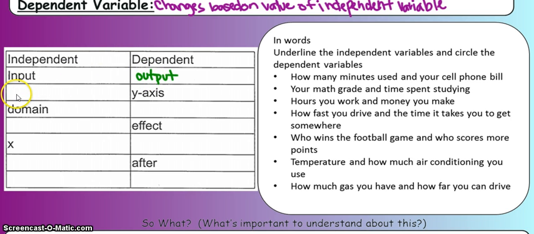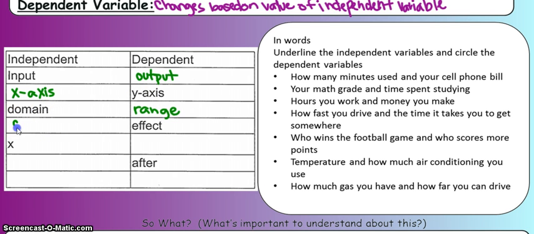Alright, another thing that's independent is usually the x-axis, and then the y-axis depends off the x-axis. Alright. Another thing that's independent is domain, and what we call the opposite of domain is the range. So depending on our domain is what we get for our range.